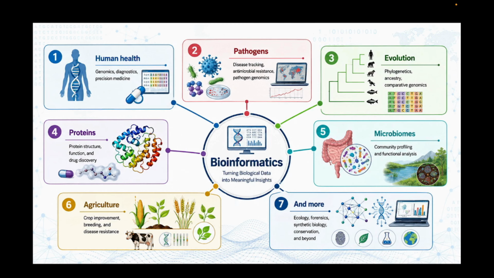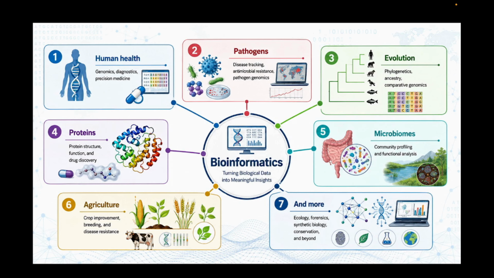We've already talked about human health, where bioinformatics can help researchers identify disease-associated genetic variants, discover biomarkers, and investigate why individuals respond differently to treatments. Then in pathogen genomics, we can sequence viruses, bacteria, and parasites to study transmission, outbreaks, evolution, and drug resistance.